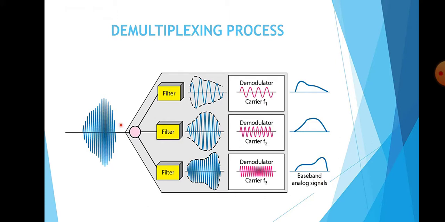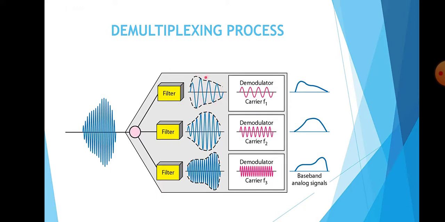Here we can clearly observe that initially the filtering process is considered. After the filtering process, these filters decompose the multiplexed signal, that is the composite signal, into the respective component signals.